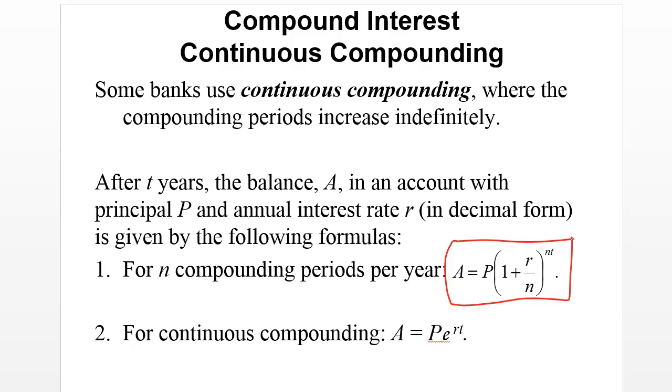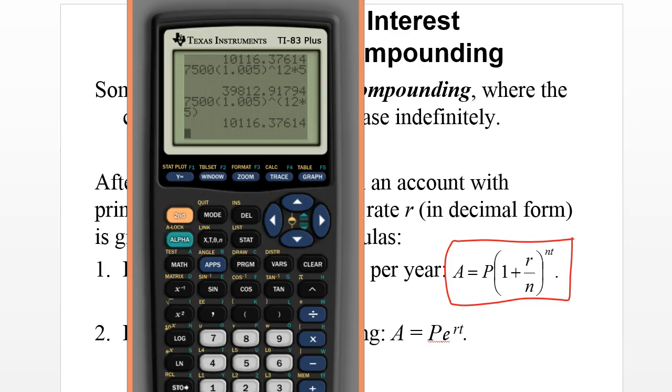We use A equals P e to the r times t. Now if you have a scientific calculator, somewhere on that calculator you'll have an E button. Here it's above the LN button, second LN on this calculator. That's e to the power of, and that's what you use in this formula.